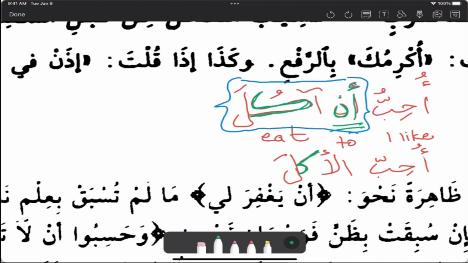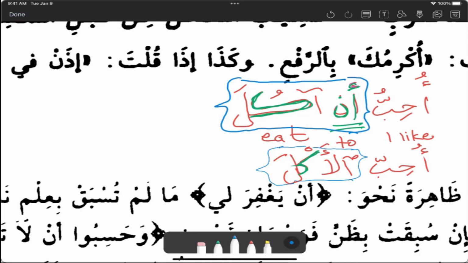Make sure you're reading well. Uhibbul akl. So al-akl here is the masdar, the source of the verb, the noun.